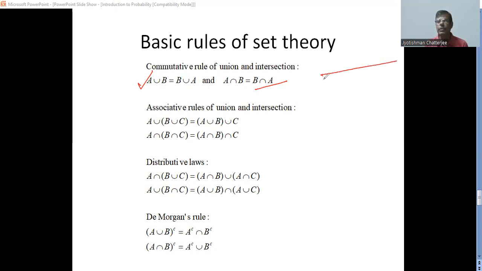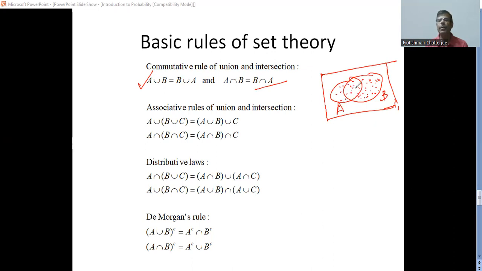So let's draw a small diagram here. Say this is A, this is B. Now A union B means all the elements which belong to either A or B, so all the dotted region.